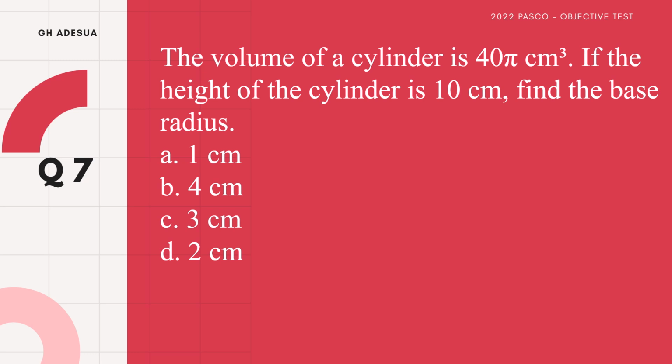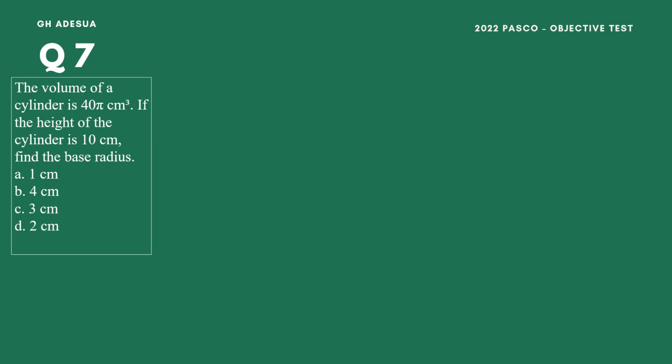So then we go ahead with our solution. So for this question, it's telling us to find the base radius. Okay, and the question says that the volume of a cylinder is 40 pi centimeter cube.